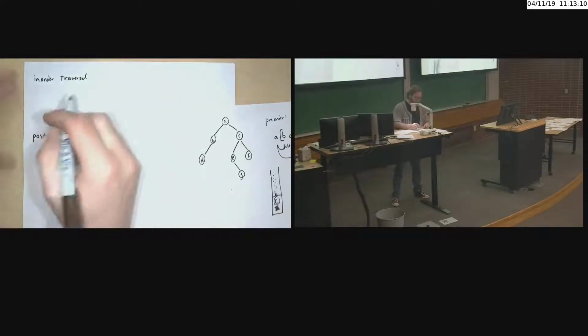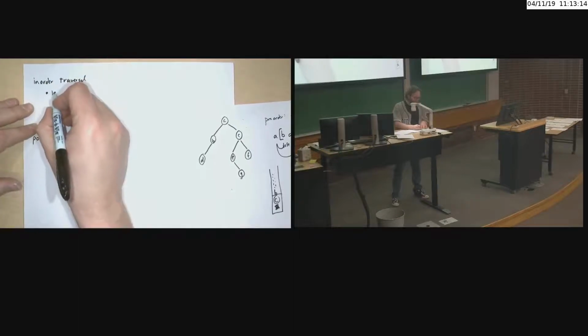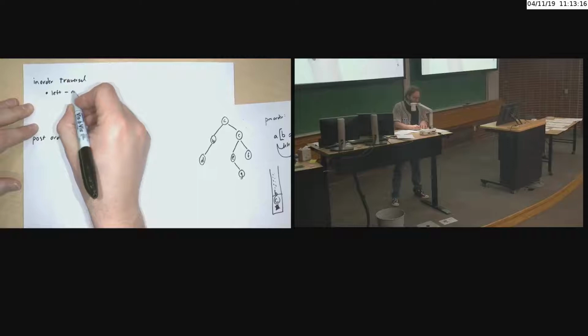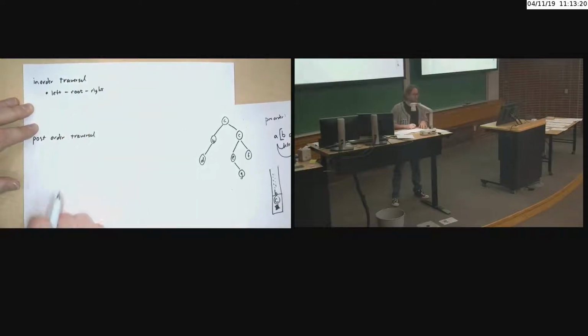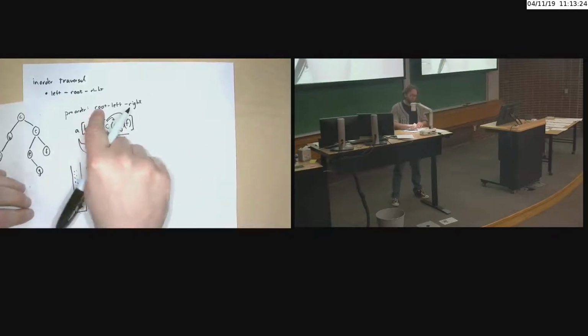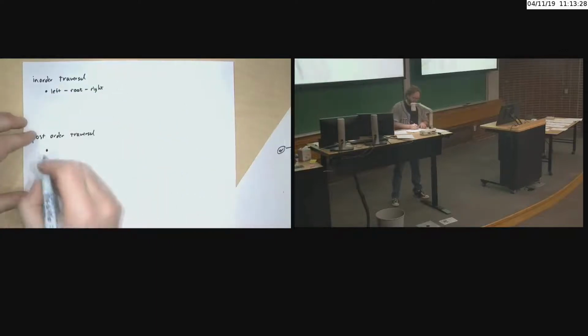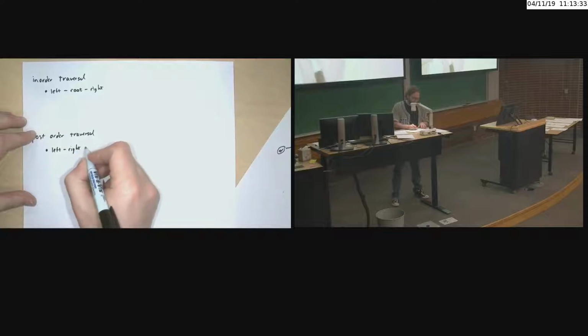With an in-order traversal, the only difference is where you do the root. So you do the left subtree first, then you do the root, and then you do the right subtree. Right? And with a postorder traversal, note here that we're just moving the root over. You would do the left subtree, then the right subtree, then you would do the root.